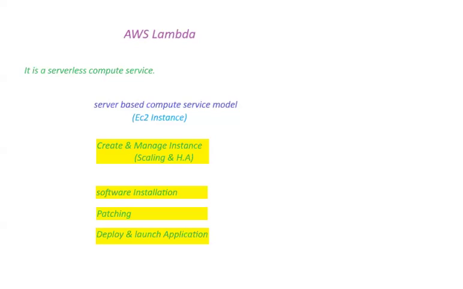So these are the things I need to maintain whenever I'm using an EC2 instance as my compute service: creating and managing my instance, software installation, patching of my instance, and deployment and launching of my application to get the result. So here I'm maintaining my whole infrastructure of the instance and software updates, and that creates a lot of tasks, right?